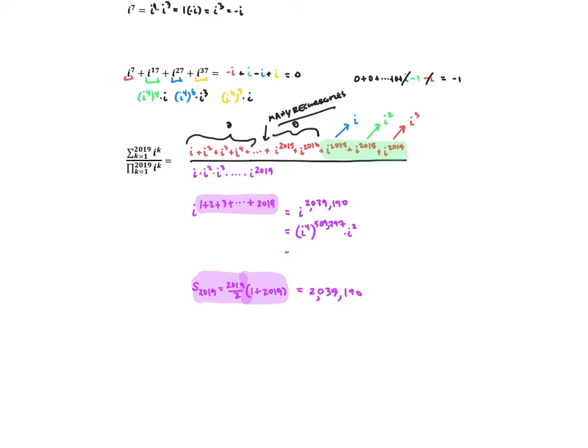So this will be equivalent to 1 to the 509,797 times i squared, which will be -1. Interesting. What that tells us is that i to this power is equivalent to i squared.